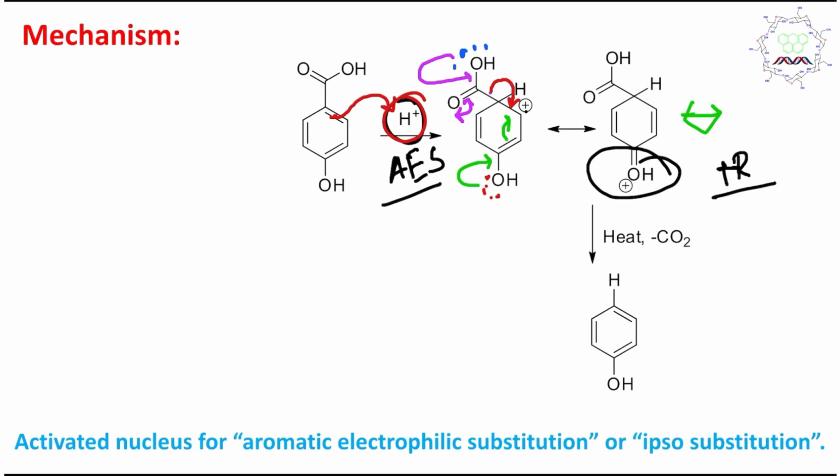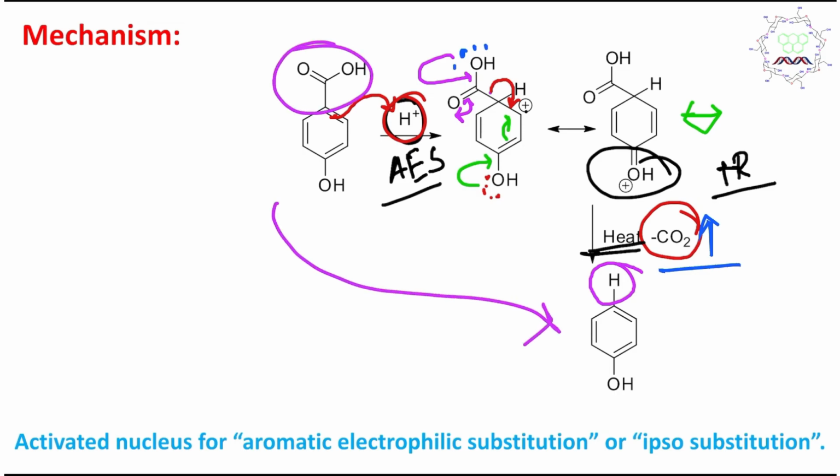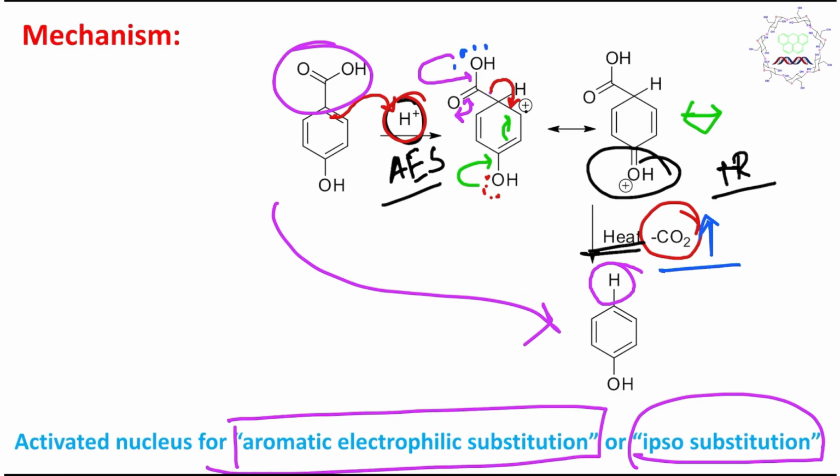In this process it will produce carbon dioxide, and obviously heating is essential for this, and this CO2 comes out of the reaction medium such that the reaction can proceed in the forward direction. At the end, we got H plus, a proton, substituted at the place of the carboxylic acid. That's why you can consider this reaction as ipso substitution, which is nothing but a kind of aromatic electrophilic substitution. Fine. So in this way we can get it.